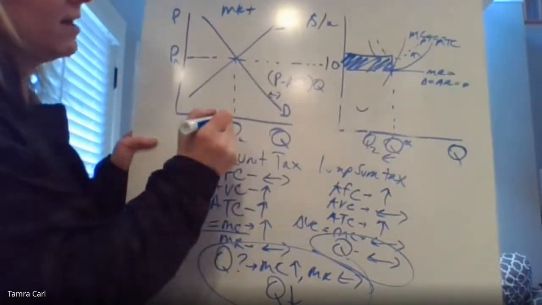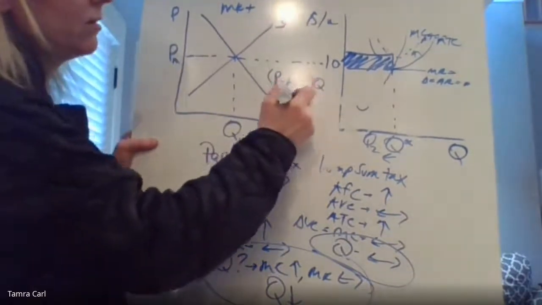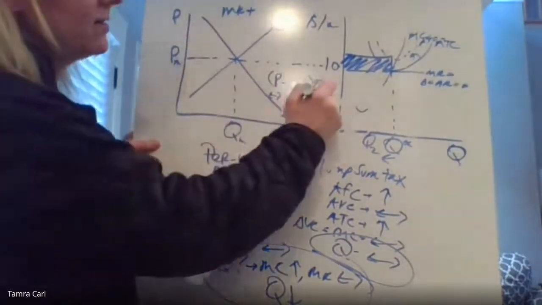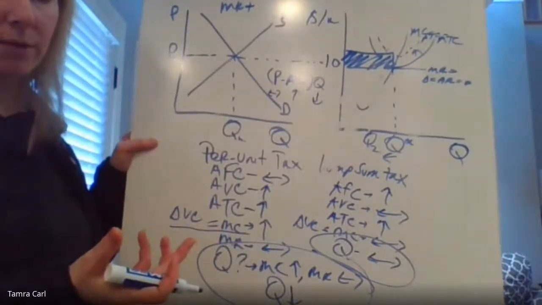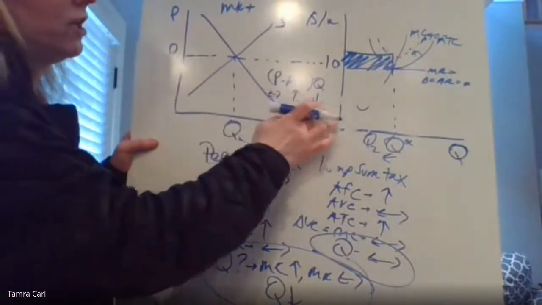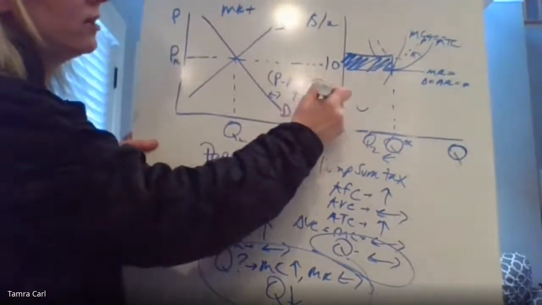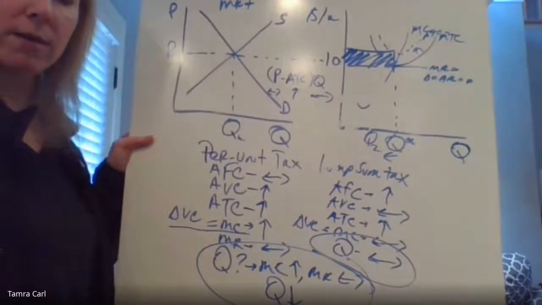We had an ATC, right? And my ATC went up and my quantity went down. And so that's how I can show that there would be the economic loss. Okay. In the lump sum, my price wouldn't change, my quantity wouldn't change, but my ATC went up. And so that's how I can explain about the economic loss that way.